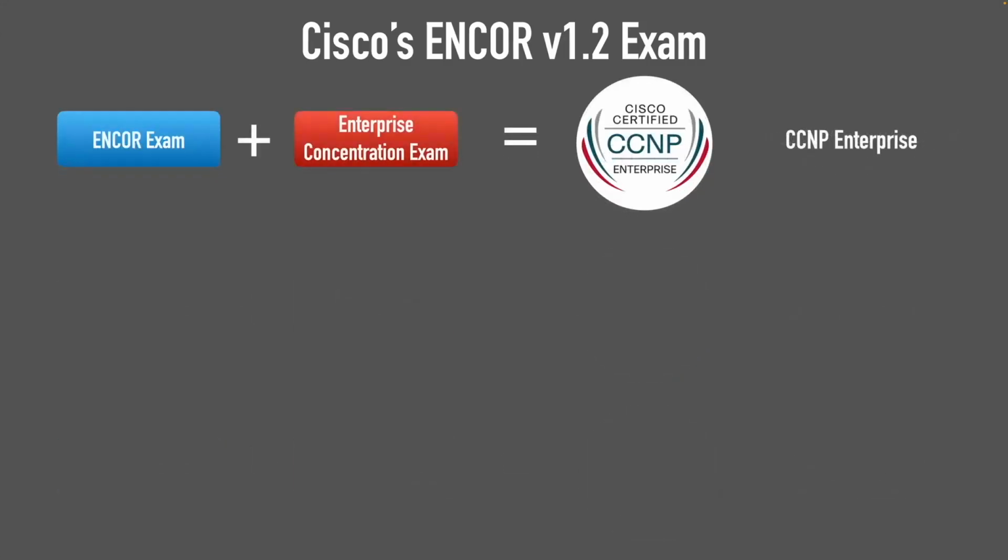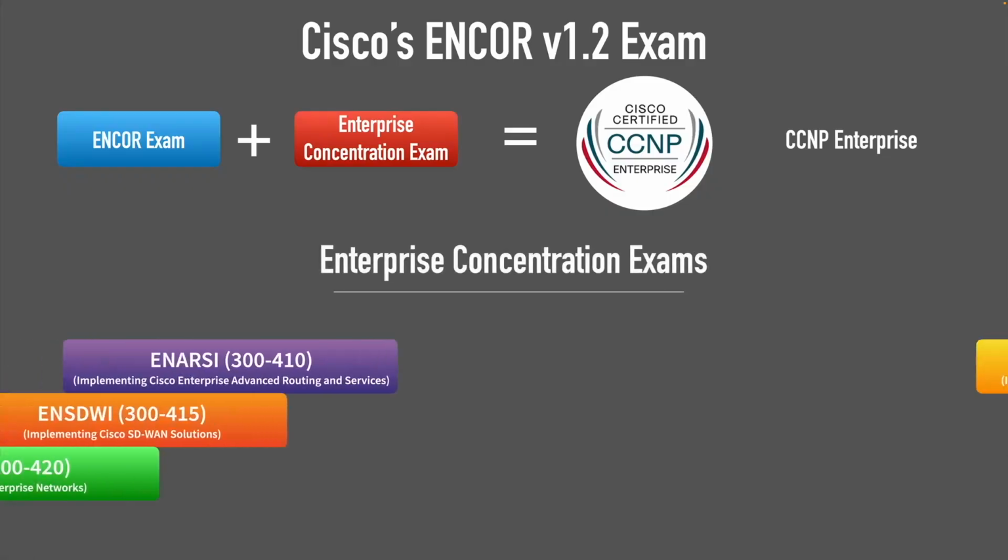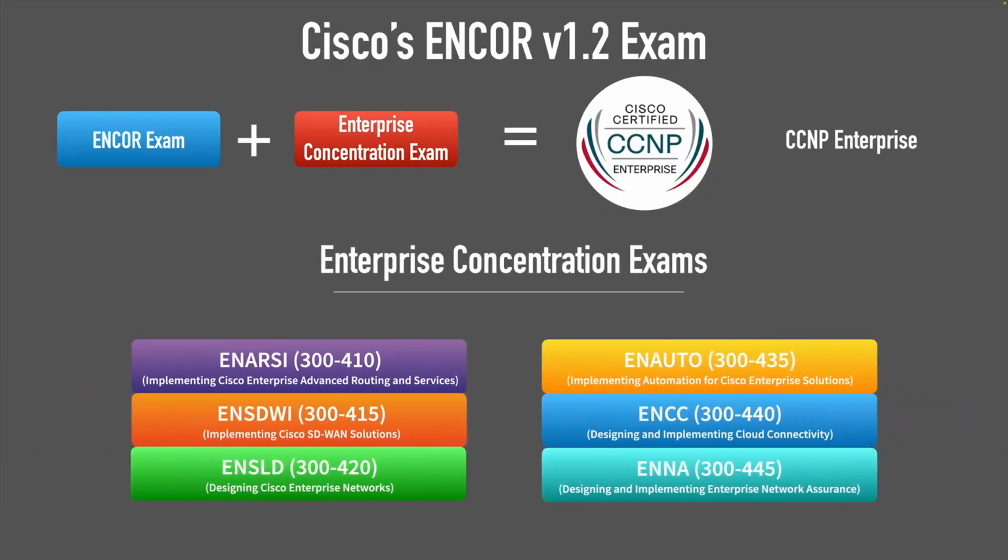That's going to require that you pass the exam based on this course, the ENCOR exam, plus an Enterprise Concentration exam. Cisco does make periodic changes to their list of Enterprise Concentration exams, but here on screen, you see some examples of those that are available at the time of this recording.